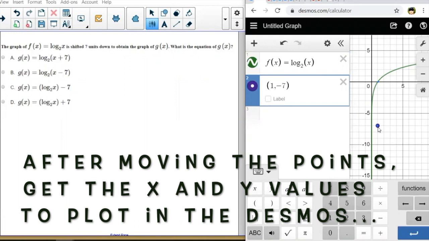We need another 2 points. What if we use this point here, because this is also very obvious, and move it downward by 7 units? We count 1, 2, 3, 4, 5, 6, 7.